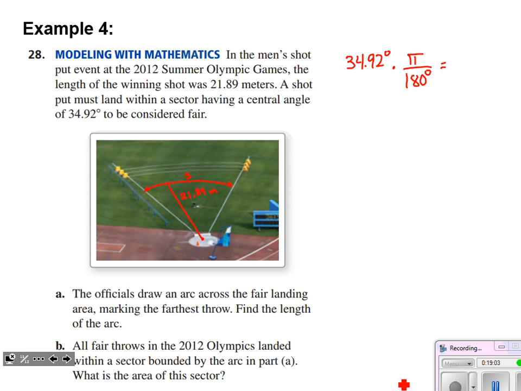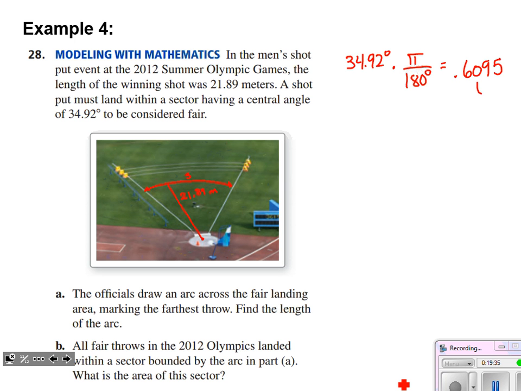So let's see what that would be in radians. I'm just going to come up with a decimal radian answer and round it to like 3 or 4 decimal places so I'm sure it's accurate. 34.92 times pi divided by 180 equals 0.6095.